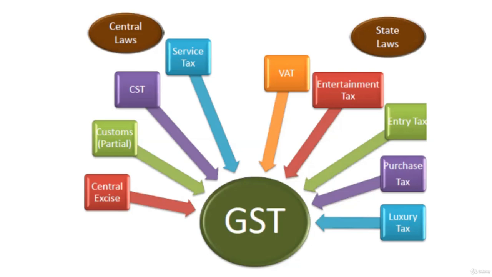But now in the GST regime, the government has made this simpler and all the taxes have combined into one single tax, that is GST. Under this, if you are selling goods interstate or intrastate, you can avail the benefit and avail input tax credit with each other.